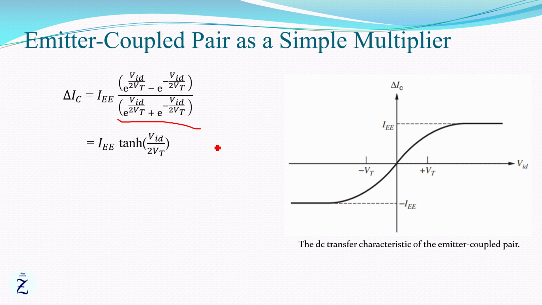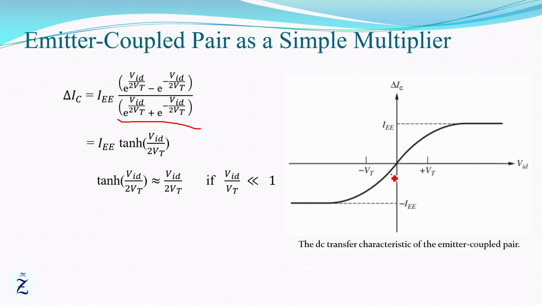If VID divided by VT is very much less than 1, or VID is very much less than VT, then tanh of VID divided by 2VT will be almost equal to VID divided by 2VT. Look at the DC transfer characteristics of the emitter coupled pair.